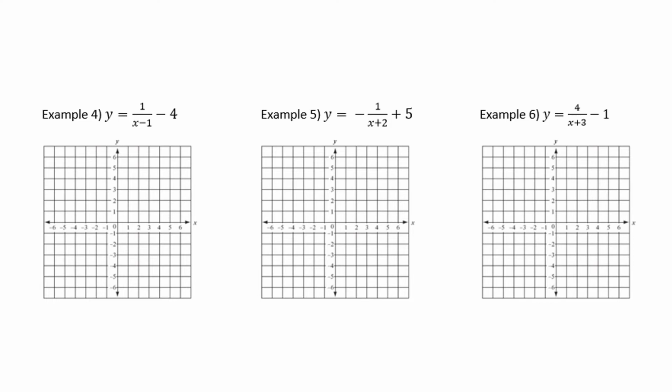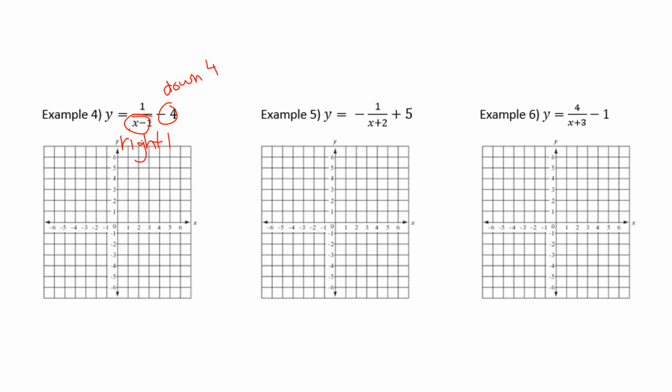The first one, we have y equals 1 over x minus 1, minus 4. Well, the x minus 1 we understand is going to shift our graph to the right 1, and the minus 4 is going to shift our graph down 4. So what I want to do is center my graph, and I'm going to draw the horizontal and the vertical asymptotes.